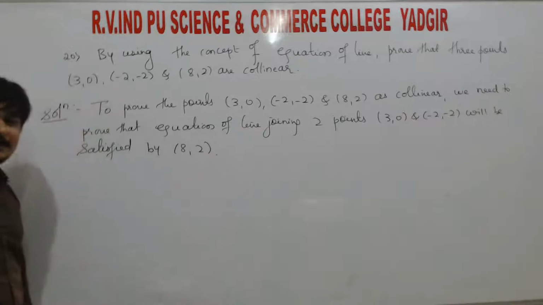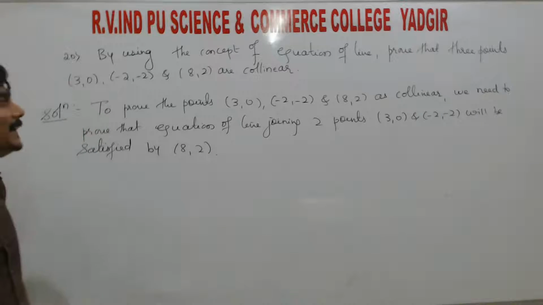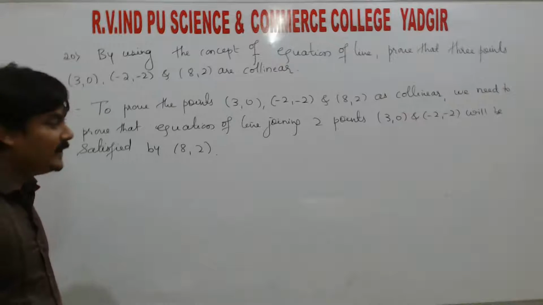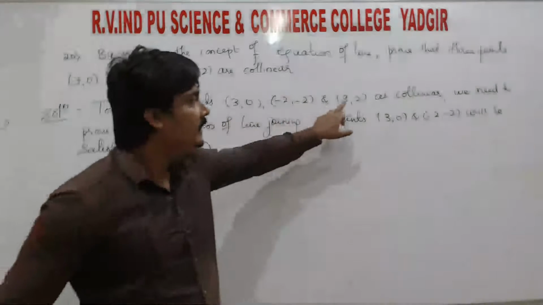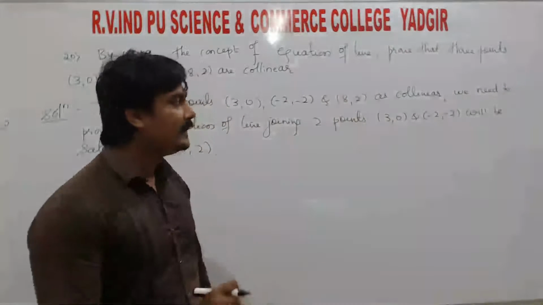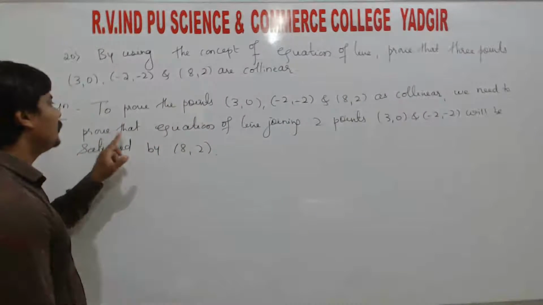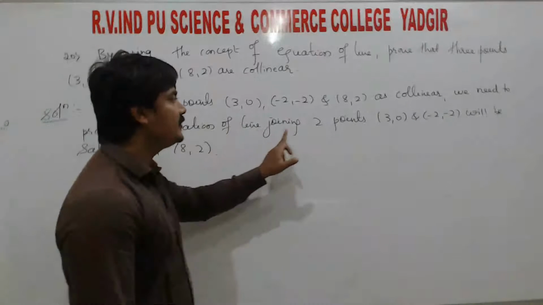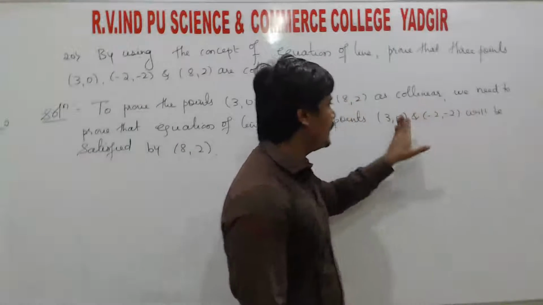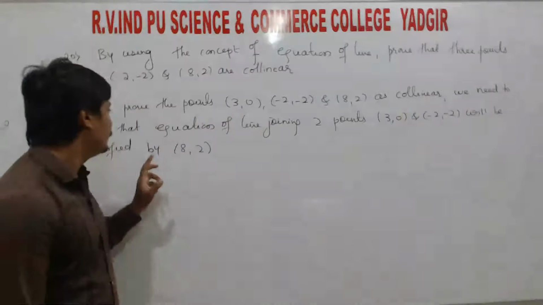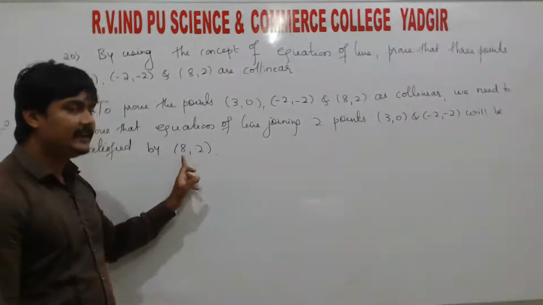Are you getting what it means? Go through the lines I have written, children. You may understand. To prove that these 3 points are collinear, what I need to do? We need to prove that the equation of line joining any 2 points, here I have taken these two as 2 points, line joining these 2 points will be satisfied by the other left out point, that is (8, 2).